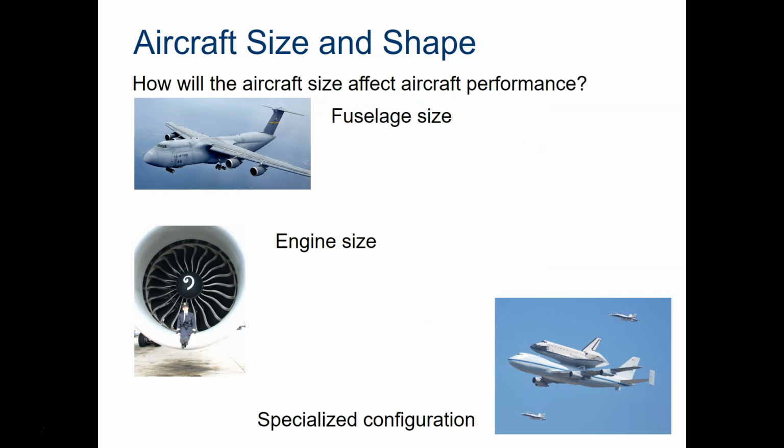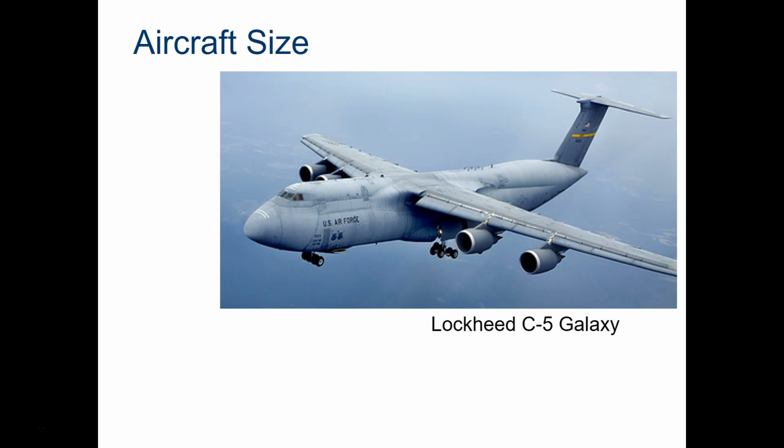The size and shape and how it's configured is very important when it comes to things like the fuselage, the engine, or any kind of special configuration that might need to be taken into consideration, like this airplane we see here transporting the orbiter of the space shuttle. Aircraft can be very large. The aircraft shown here is the Lockheed C-5 Galaxy.